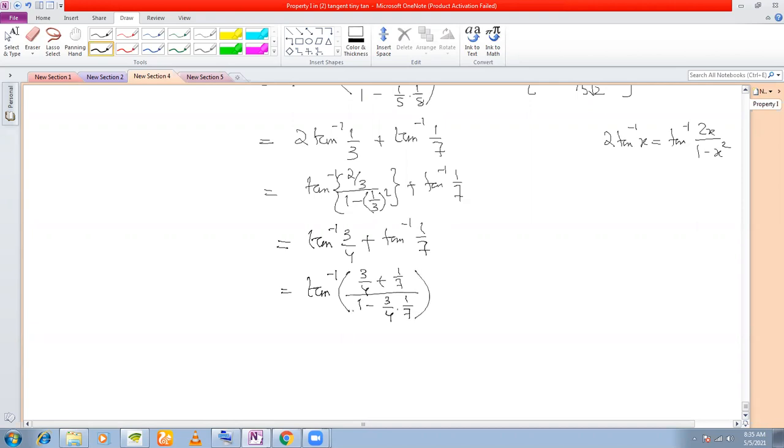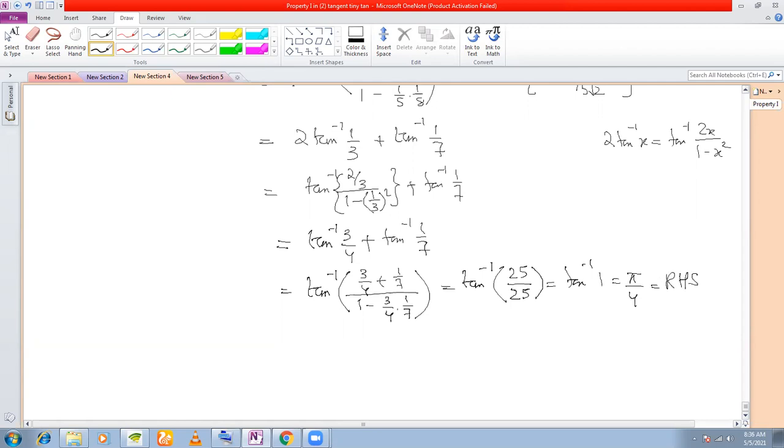Now you simplify this to get tan inverse 25 by 25, which is tan inverse 1, which is pi by 4, equal to the right hand side.